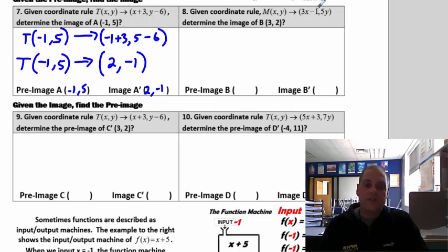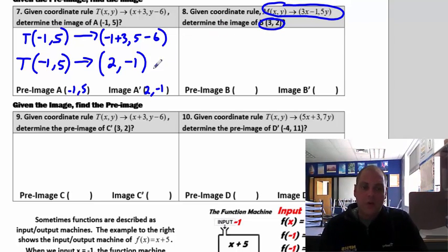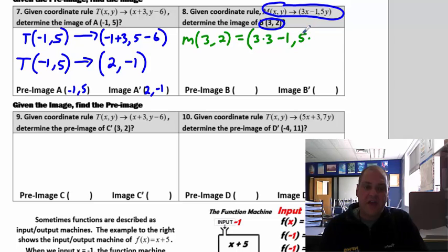Here's another one. Here's a different rule now, and a different point we're going to start with. With the rule M, it'll take the point (3, 2). We'll plug in the 3 here, so it's going to be 3 times 3 minus 1, comma, 5 times y.